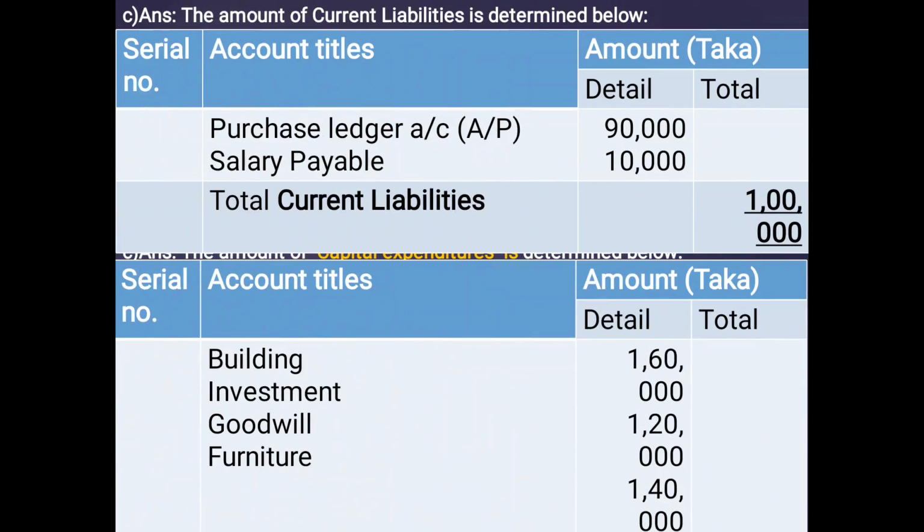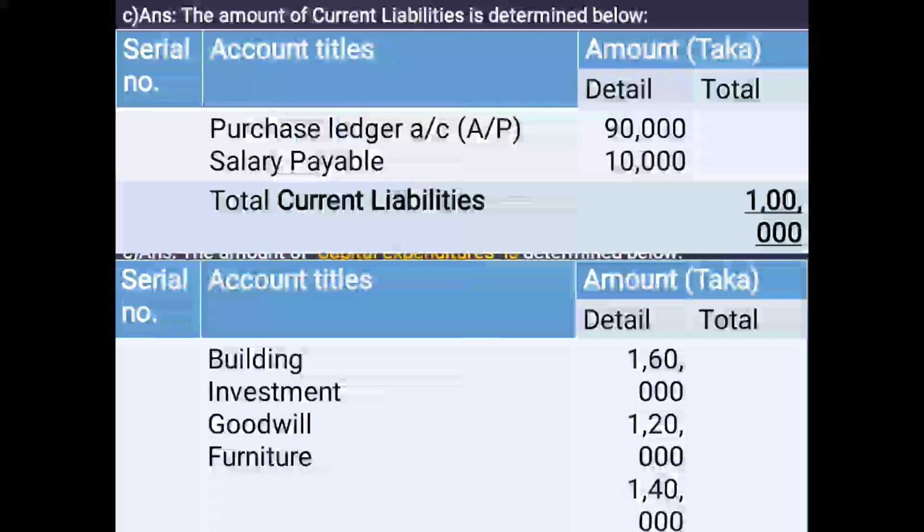Dear learners, at this moment the total of capital expenditure is 4,40,000. I repeat again, the total of capital expenditure is taka 4,40,000. The first one is building 1,60,000, investment taka 1,20,000, goodwill taka 1,40,000, furniture taka 20,000.